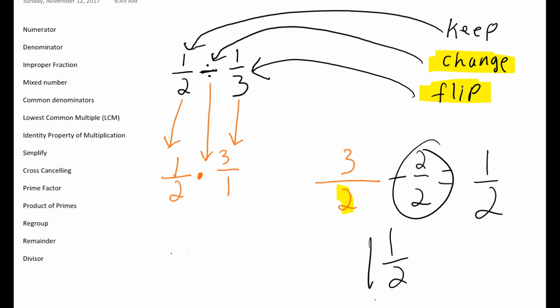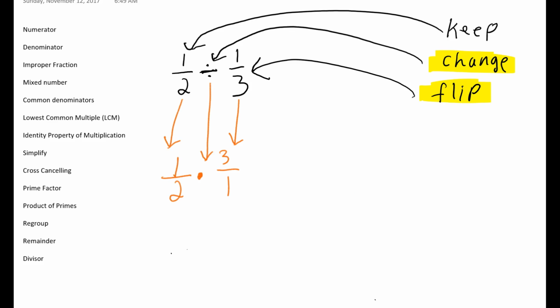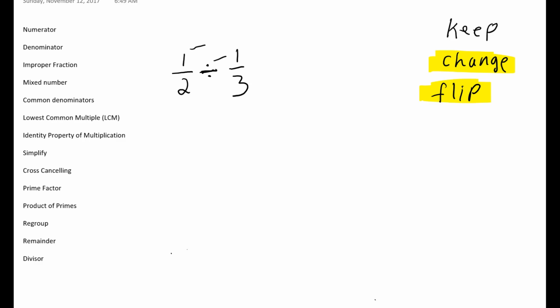Now, that's one way to do it. But there actually is another way to divide fractions. That's a shortcut way. Instead of keep, change, and flip, we're going to take 1/2 and divide it by 1/3, putting them up and down on top of each other.